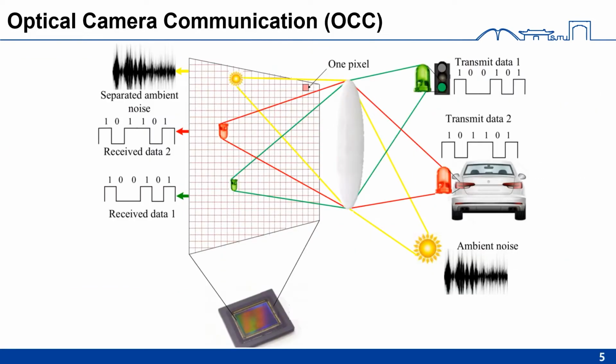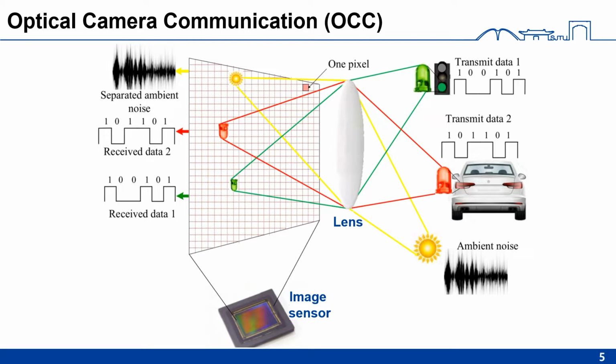Optical camera communication is a special form of visible light communication, using an image sensor array as the receiver and LEDs as the sender. The most attractive feature of OCC is the spatial MIMO or spatial multiplexing.